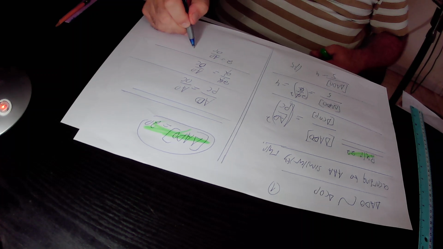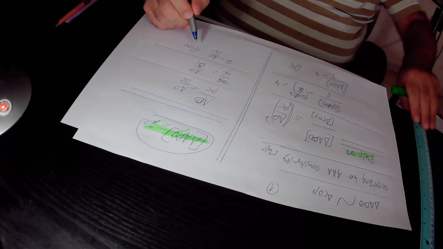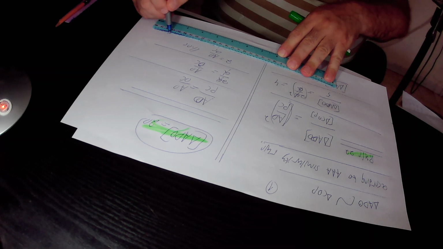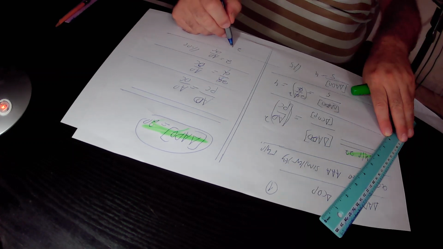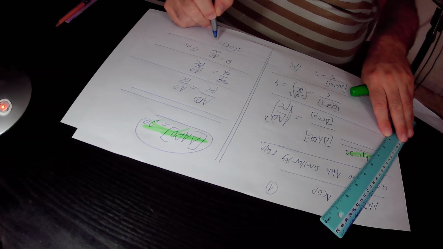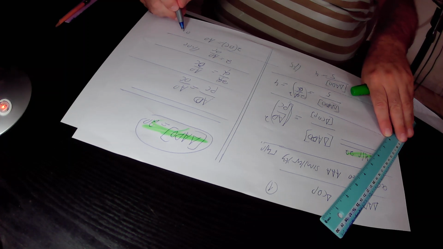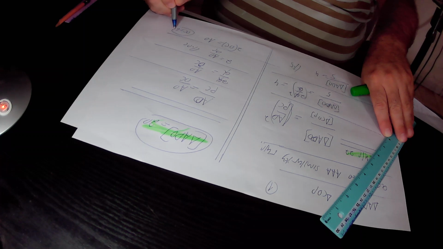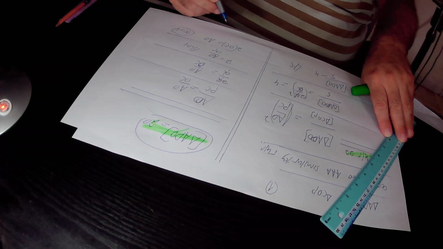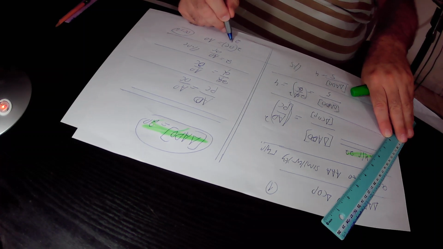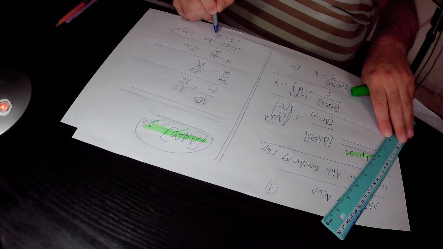Here we multiply this equation by OC and we get that 2 times OC equals AO. We define OC as B, so we substitute OC by B in this equation, and we get that 2B equals AO.